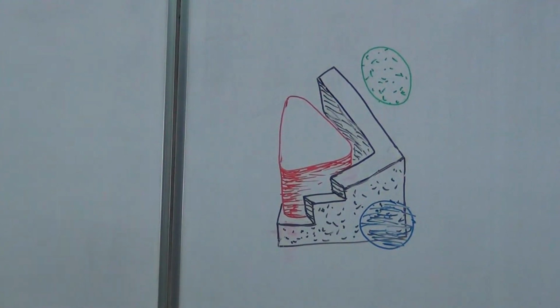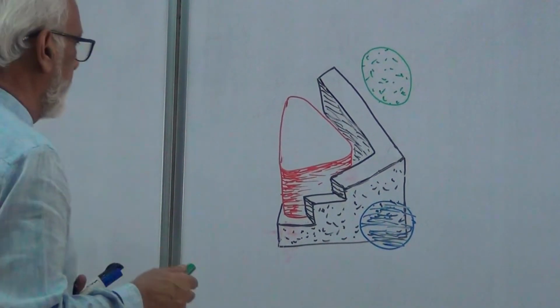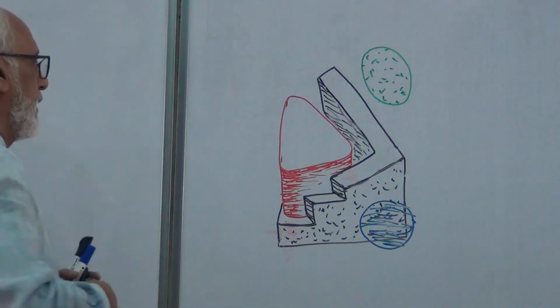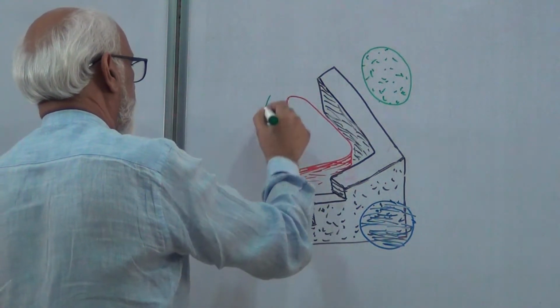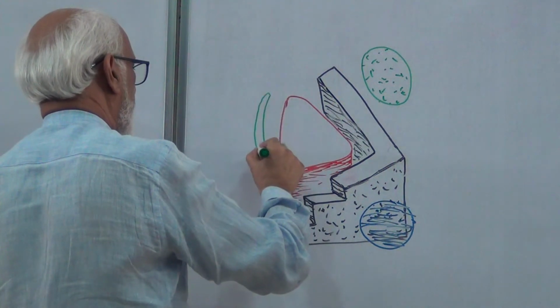So a three-dimensional view of the lentiform nucleus and internal capsule, and here is the claustrum.